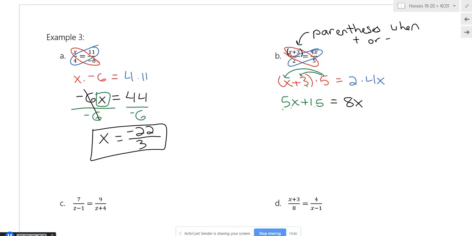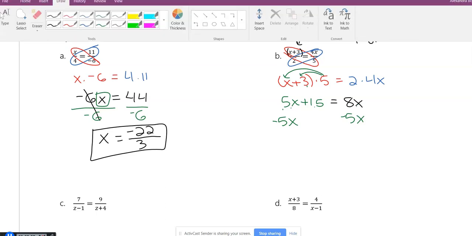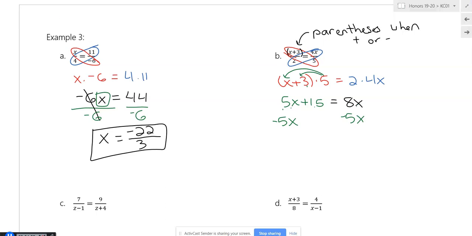But if you get rid of the 8x, it will still eventually work out the same way. So I'm going to get rid of this 5x. It's positive, so I'm going to subtract that whole term. This cancels. So I'm left with just 15. 8x minus 5x is 3x.